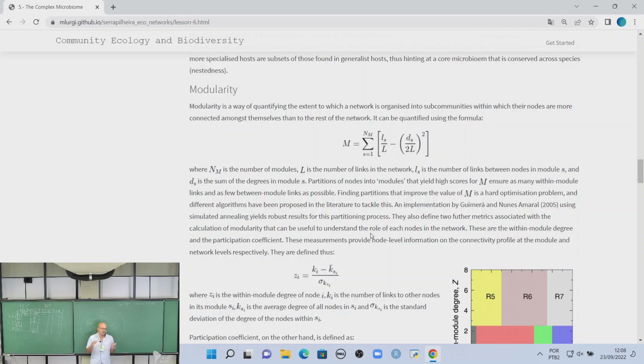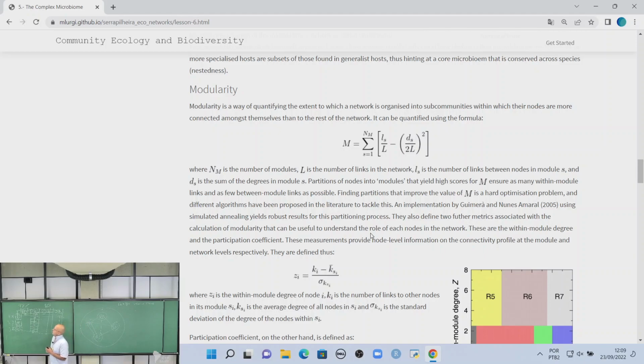And there are many different algorithms around to do this. But one of the more efficient ones, well, it's debatable, is an algorithm called NetCarto, which is based on simulated annealing to choose these partitions in a way as to maximize this number.